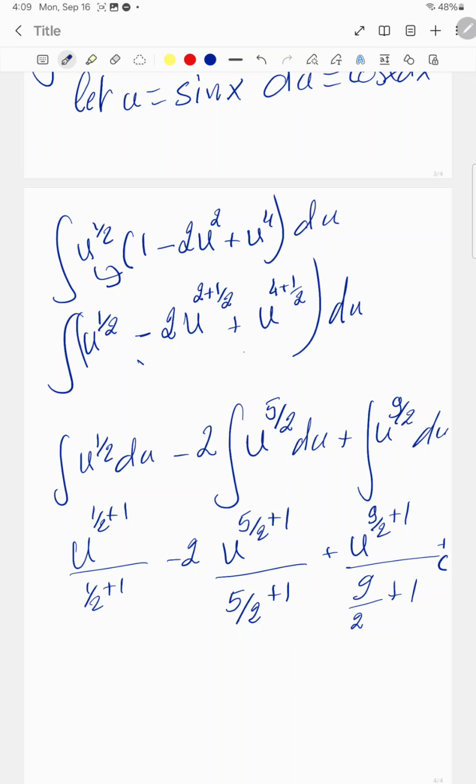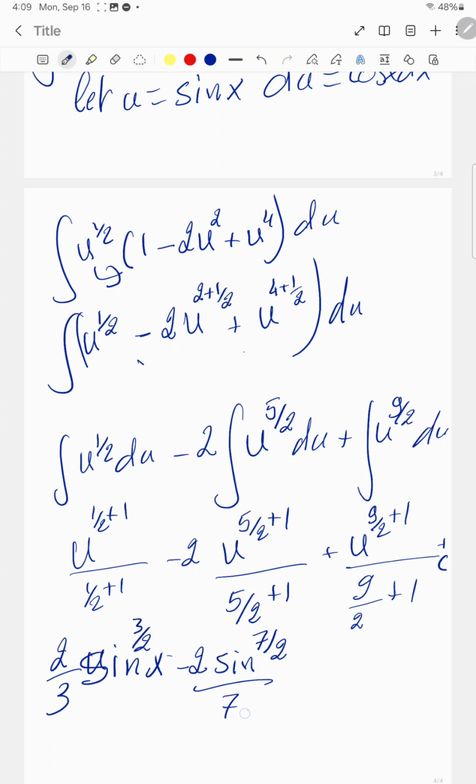And 1/2 plus 1 is 3 over 2. u to the power 3 divided by 2, divided by 3 divided by 2, becomes 2/3 u to the power, or sine x to the power 3 divided by 2. And this is 2 times 1, 7 divided by 2. Minus 2 sine to the power 7 divided by 2, and then divided by 7 divided by 2.